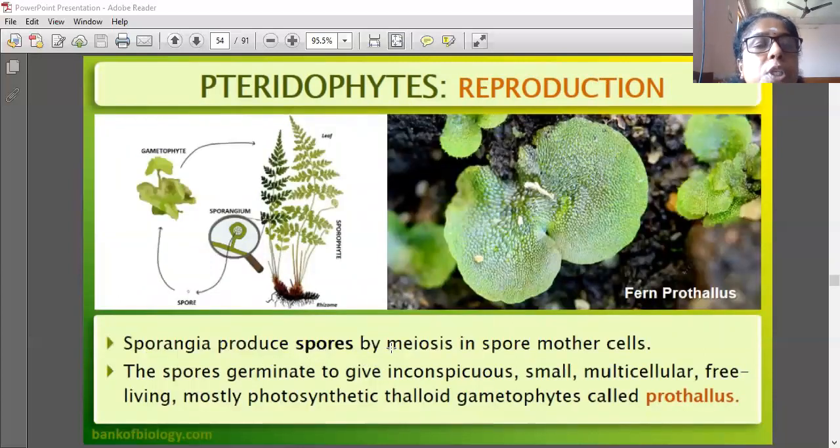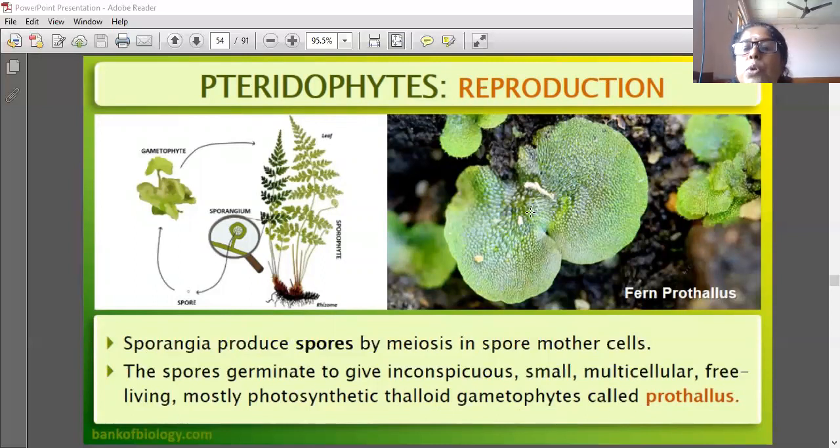Sporangia produce spores by meiosis in spore mother cells. The spores germinate to give inconspicuous, small, multicellular, free-living, mostly photosynthetic thalloid gametophytes called the prothallus.